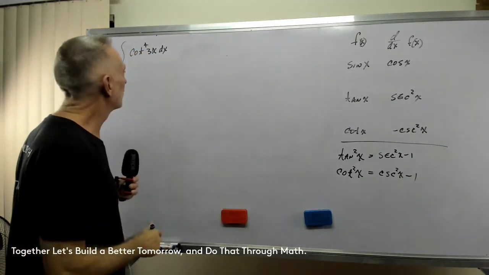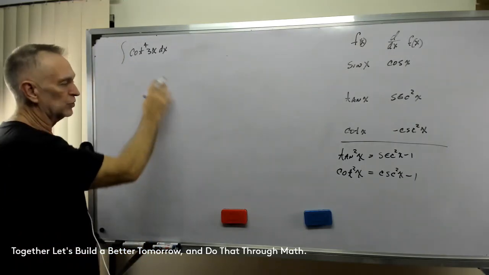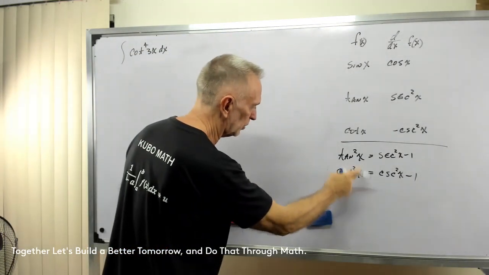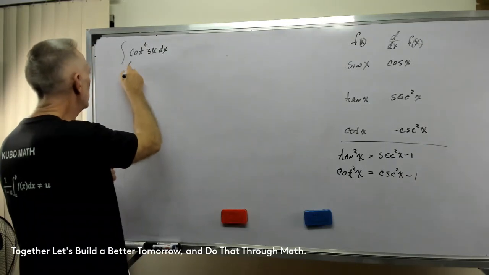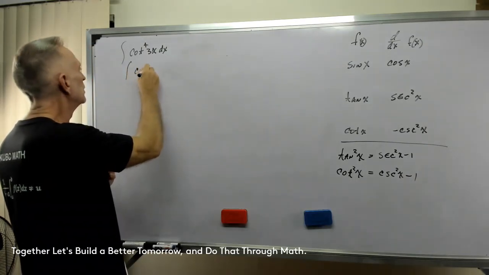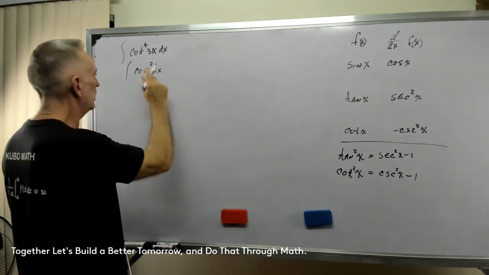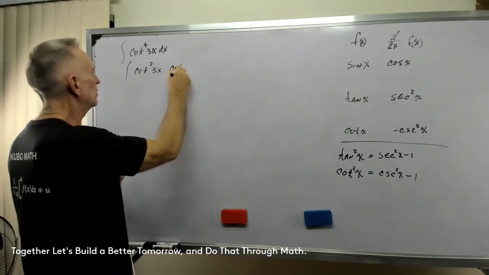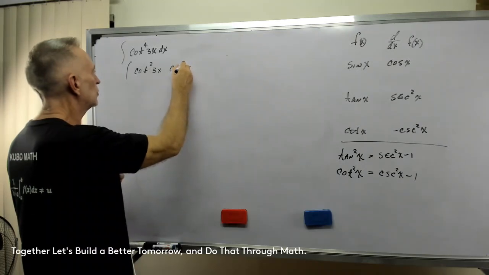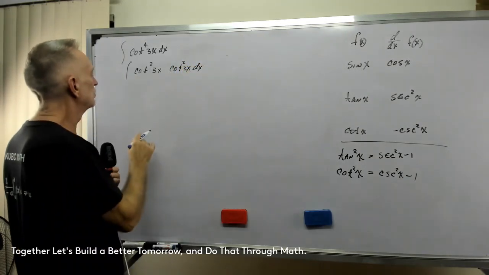But we could. All right, let's separate this one into 2 cotangent squared x. So we have the integral of cotangent squared 3x times cotangent 3x squared dx.